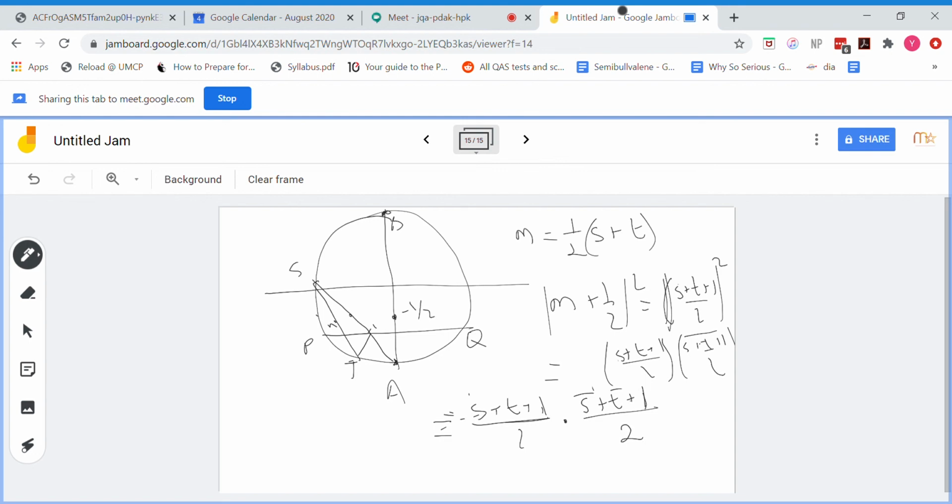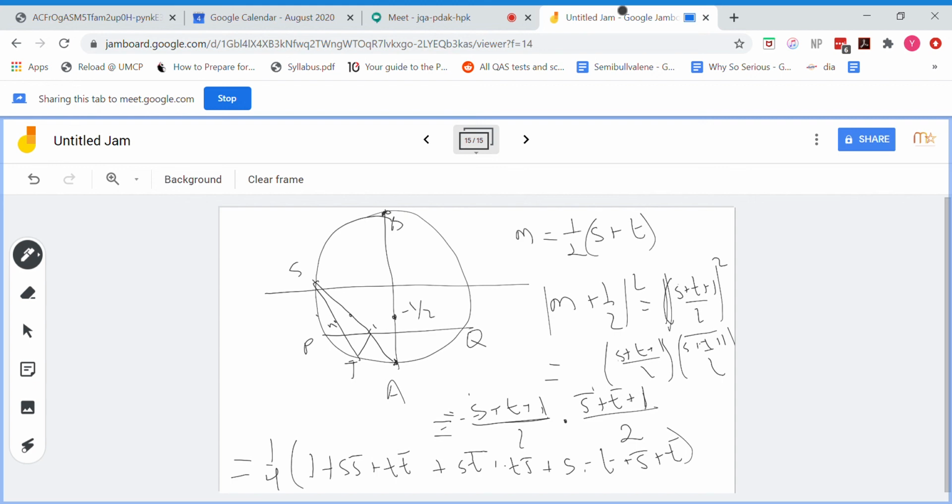And so this equals 1/4 of 1 plus S times S conjugate plus T times T conjugate plus S times T conjugate plus T times S conjugate plus S plus T plus S conjugate plus T conjugate, right? So we have 9 terms, as there should be, correct?